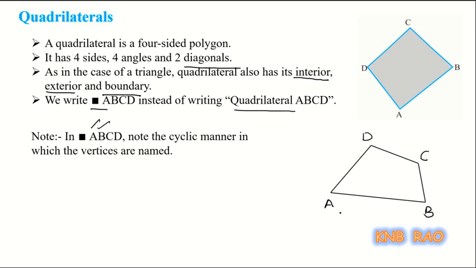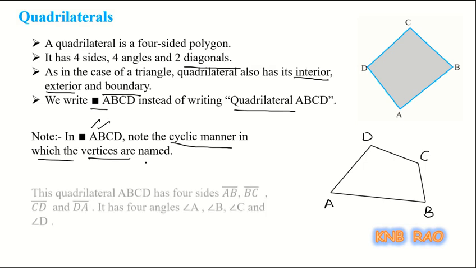Now is it compulsory that A should be taken here? No. A you can start from anywhere. So you can start from here and say A, B, C, D. Or you can start from any vertex with the naming of the letter A, but next to that should be B and next to that should be C and then D. This cyclical manner in which the vertices are named should be considered.